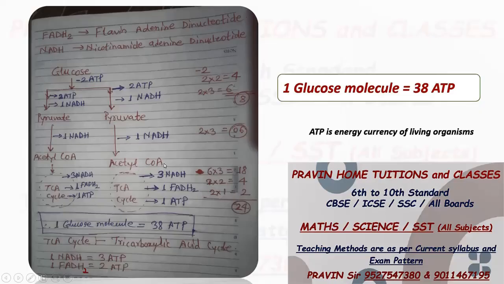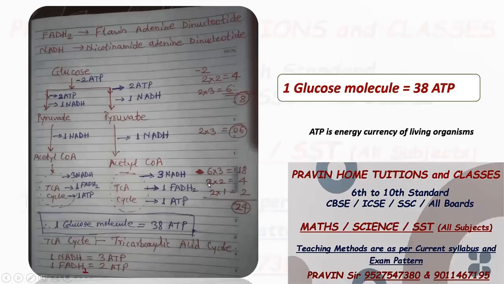Now acetyl coenzyme A again goes for the TCA cycle, that is the tricarboxylic acid cycle, also called the Krebs cycle. So now in this Krebs cycle, the product generated is 3 NADH. So 3 NADH here, 3 NADH here. 3 plus 3, 6 into 1 NADH is equal to 3 ATP. 6 3s are 18. 1 FADH2 is generated here, 1 FADH2 generated here.